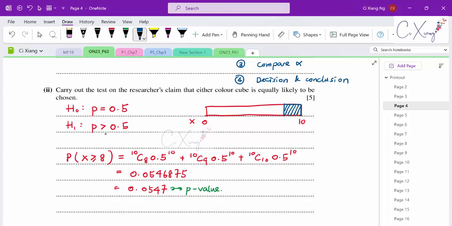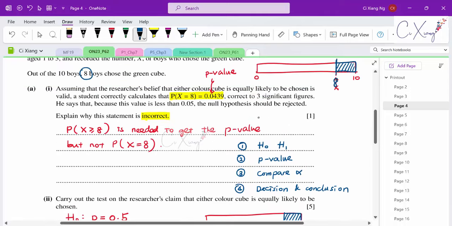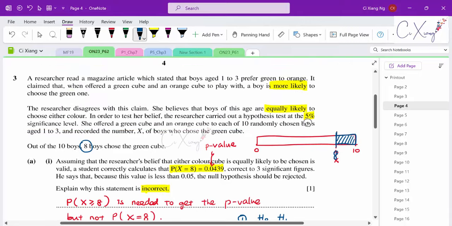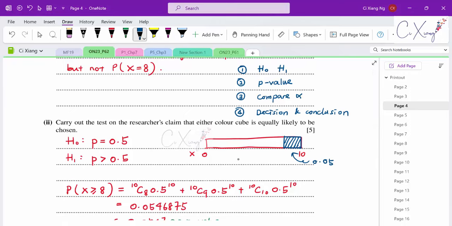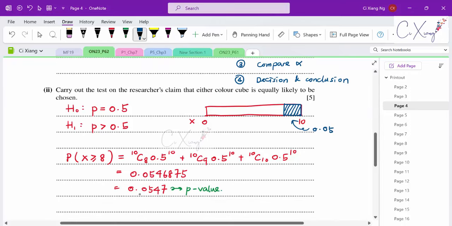What is the area of this rejection region? It is actually the alpha. In this question they are using 5% as the significance level alpha, so our rejection region is 5%. The area is 0.05. Our p-value is 0.0547, so this area will be greater than 0.05, right?